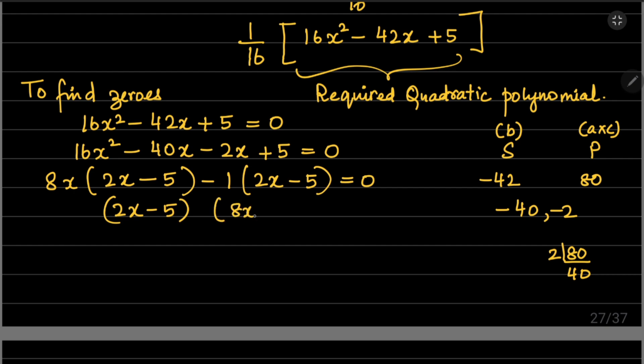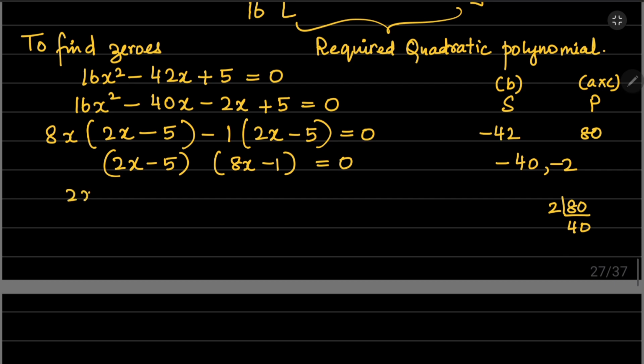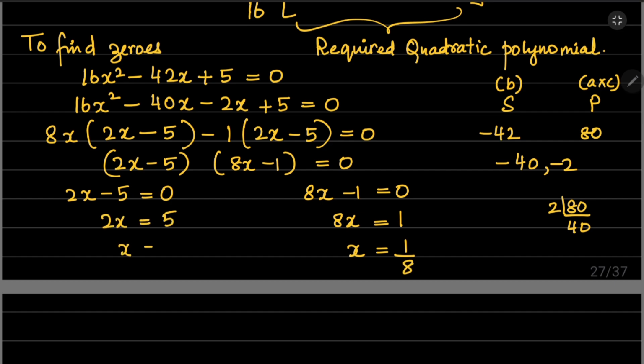The other one is 8x minus 1 equal to 0. So either 2x minus 5 is equal to 0 or 8x minus 1 equal to 0. So here you have 8x equal to 1 and x is 1 by 8. 2x equal to 5 and x is nothing but 5 by 2.